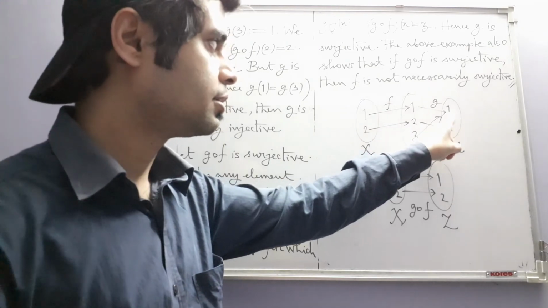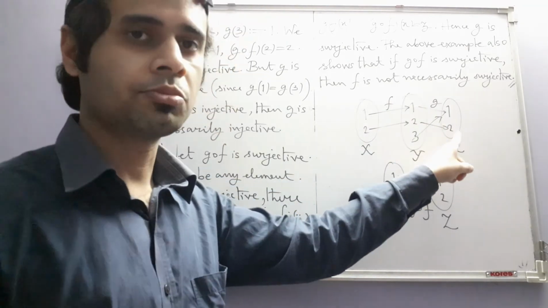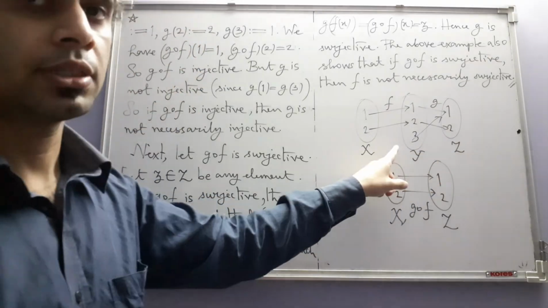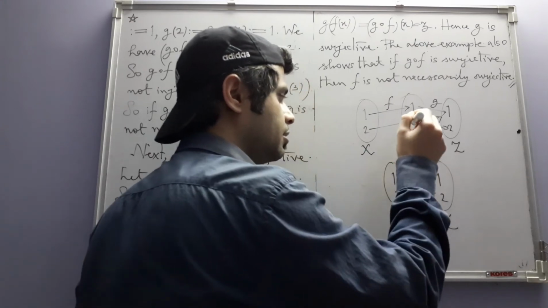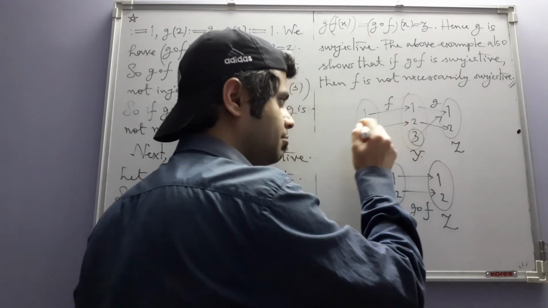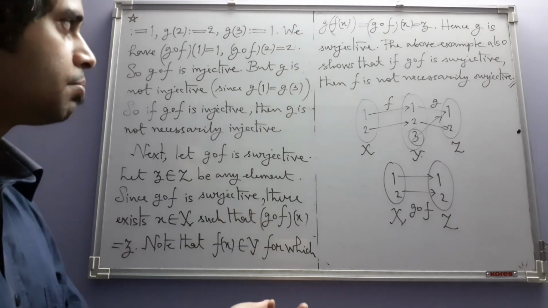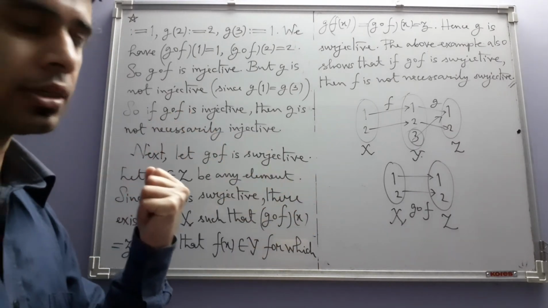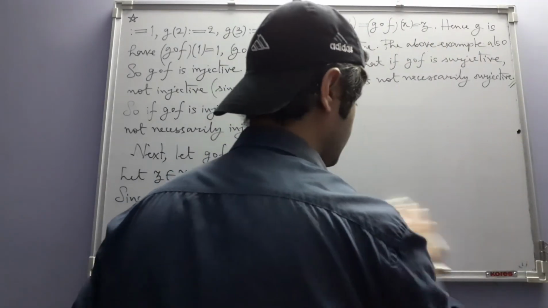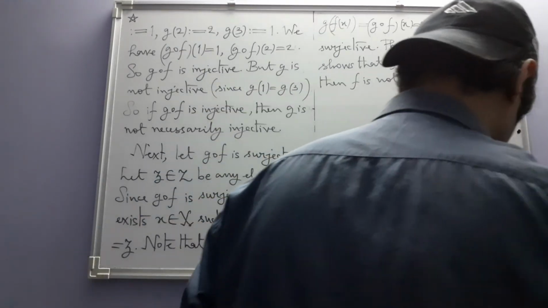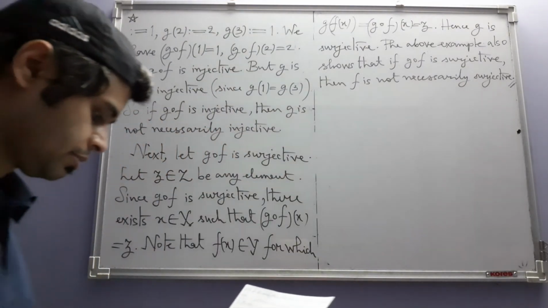G is also surjective because every element in the range of G is coming from something in the domain of G. But F is not surjective because this element 3 in the range of F is not coming from anything in the domain of F. So the same example works for both the cases. So that ends the fifth one.